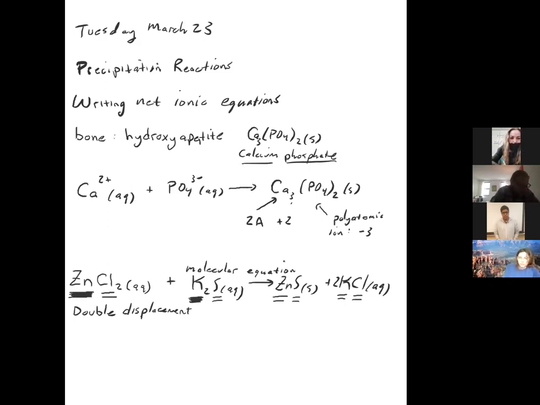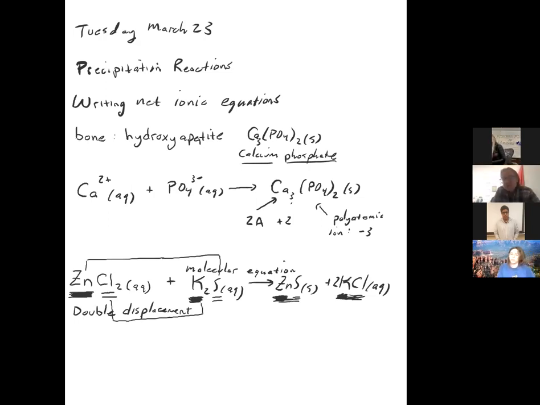So the zinc starts with the chloride and the potassium starts with the sulfide, but in the end, the zinc is now with the sulfide and the potassium is with the chloride. That's a precipitation reaction. At least that's how we would represent it. Switching partners, okay? So sometimes you can just write like a little arrow, like see what's happening? The zinc is now combining with the sulfide. And the potassium is now combining with the chloride. That's the molecular equation to give you the 2 products, okay? This is a relatively simple one because the charges are pretty balanced, okay?